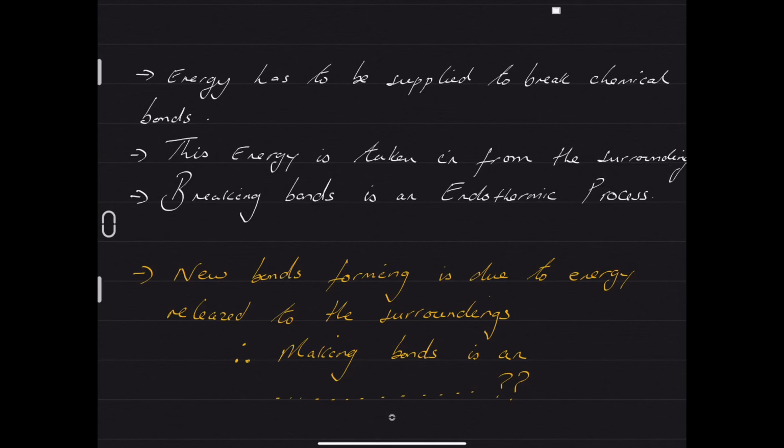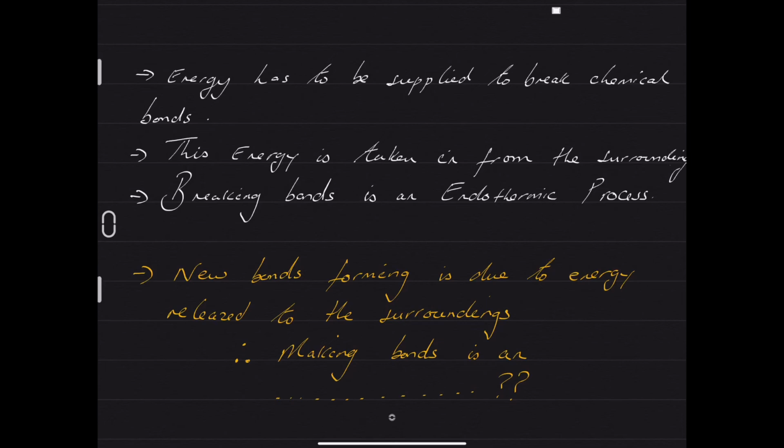It comes from the surroundings, and it's taken in to the chemical bonds to break them. Therefore, breaking bonds is an endothermic process because energy is taken in from the surroundings. So can you take down those 3 bullet points that explain that bond breaking is an endothermic process?